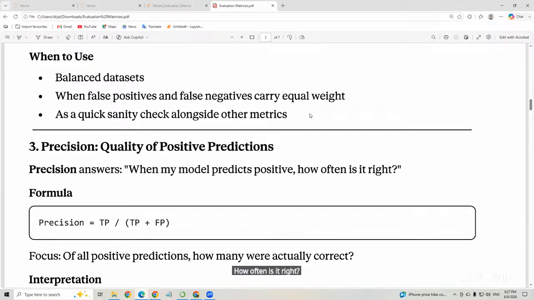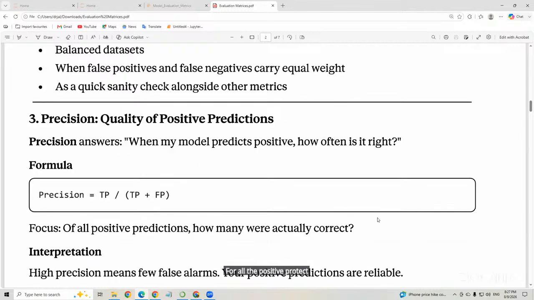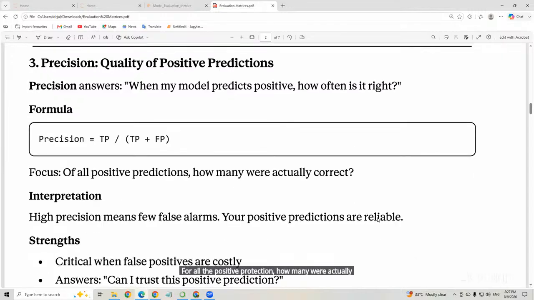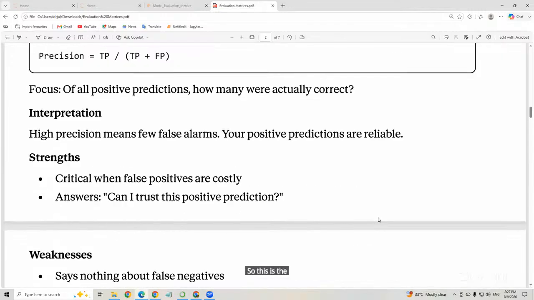And the formula you can see here is TP upon TP plus FP. For all the positive predictions, how many were actually correct? So this is the interpretation of the above.